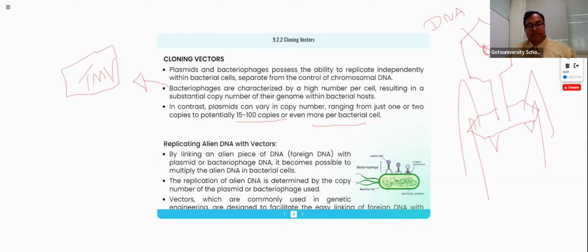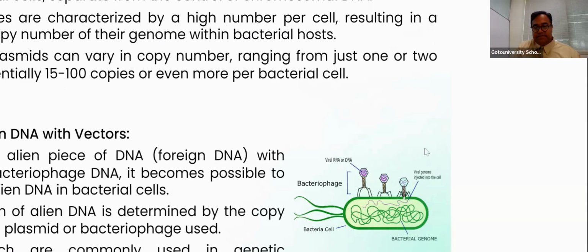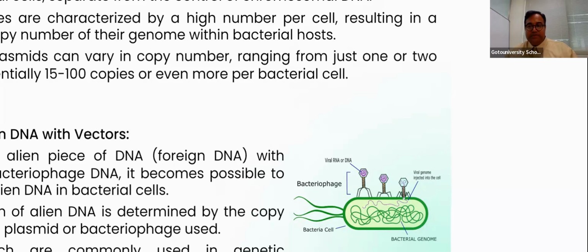And then sometimes, by seeing this picture, listen very carefully, I'm zooming it. Can you see this? They will not give anything to you. So this is a phage. This is a phage DNA.